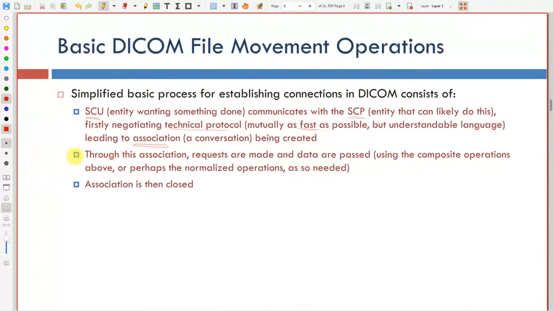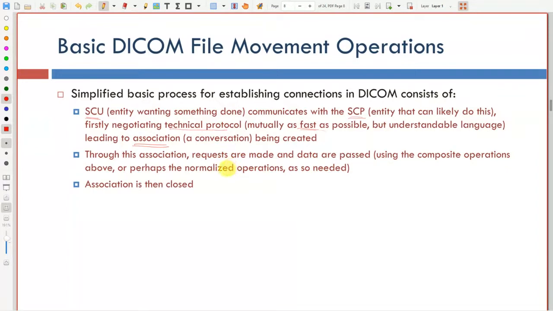Once this association is established, the requests that we saw before, like store, get, query, things of that sort, will be passed between the requester, the user, and the provider, so that you can do the composite operation that you need. Sometimes you need composite or normalized; as long as you have an association, you can use whatever you need.